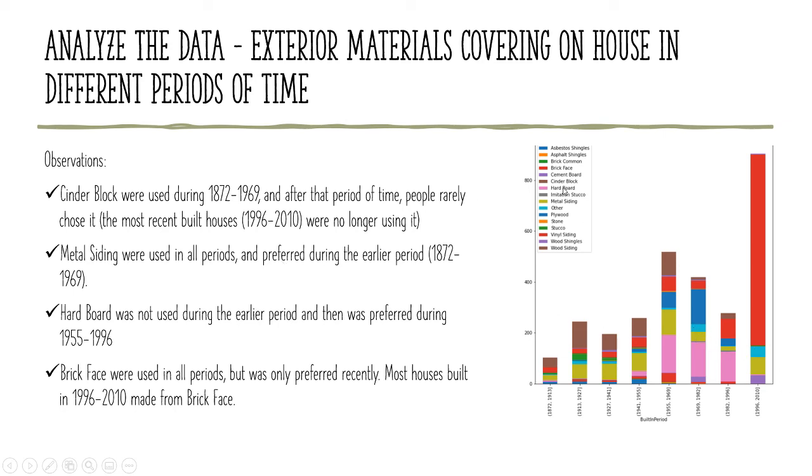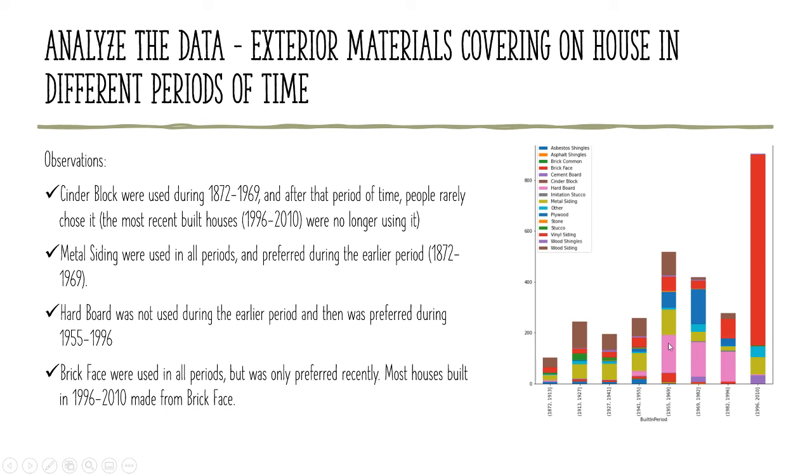The hardboard, the pink one, was not used during the earlier period, but then it was preferred from 1955 to 1969 to build houses.